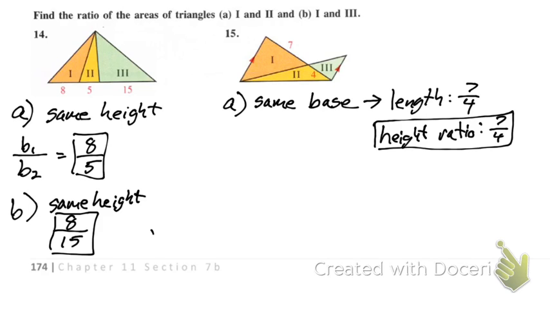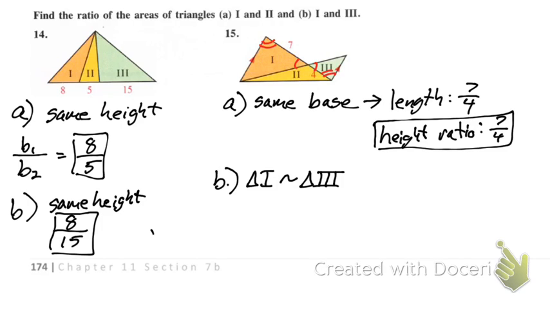They are similar, and let's see why. We have vertical angles, and we have a parallel. So this must be the same as this, and as soon as I prove two angles, they must be similar. So since they're similar, we do have to square. So triangle 1 is similar to triangle 3.